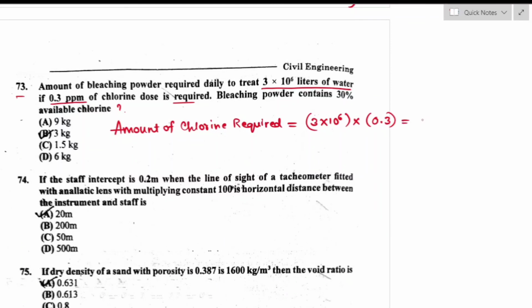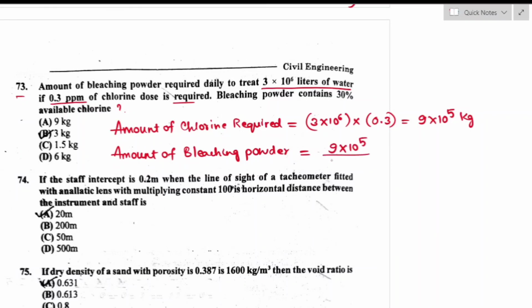So, the total amount of chlorine required is 9 into 10 to the power of 5 kg. Amount of the bleaching powder is quantity of the chlorine required, that is 9 into 10 to the power of 5 divided by percentage of available chlorine. So, for 30%, the amount of bleaching powder required is 3 kg. Option B is the right answer, 3 kg.